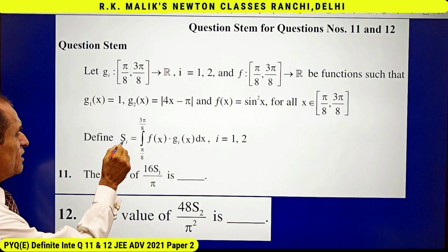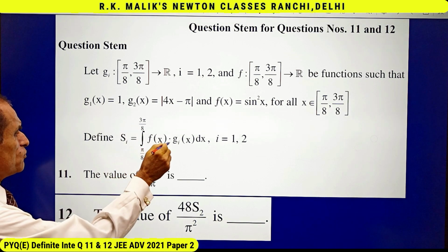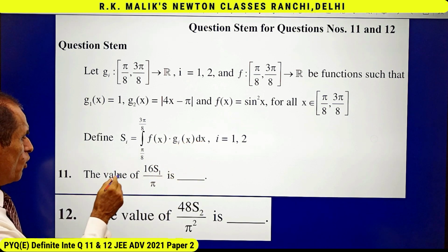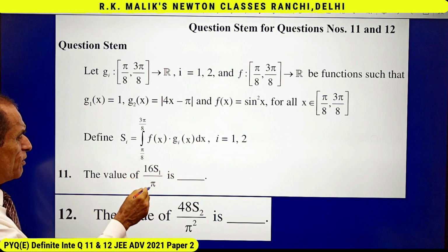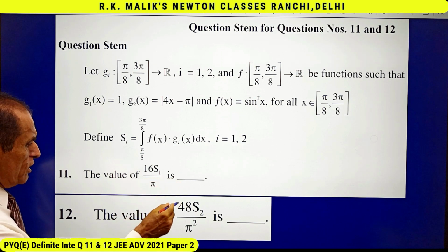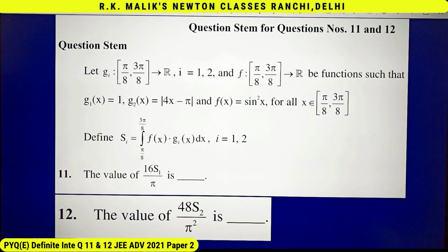Define S_i equal to the integral from pi by 8 to 3 pi by 8 of f(x) into g_i(x) dx, where i is 1 or 2. The value of 16 S1 upon pi is dash. The value of 48 S2 upon pi square is dash. You have to fill in the blank.